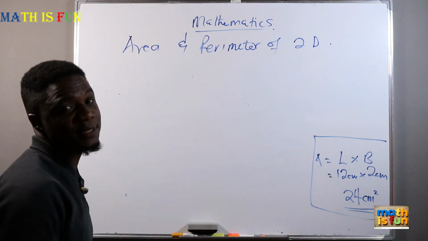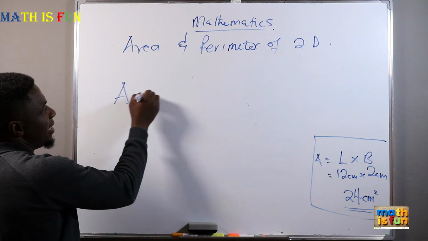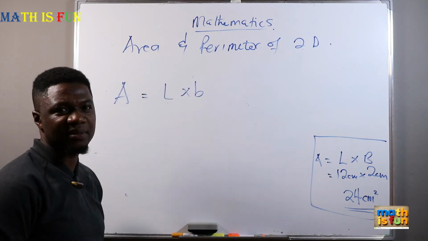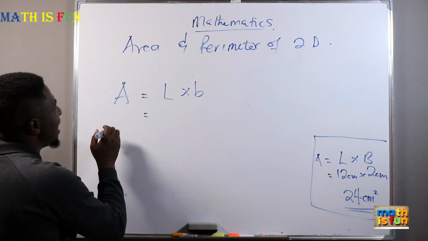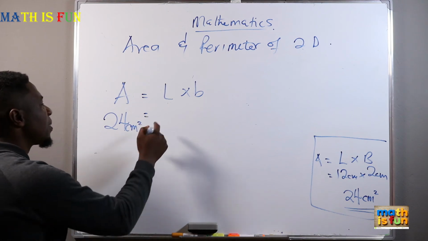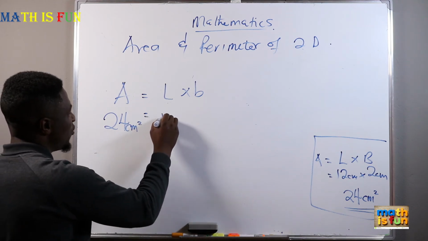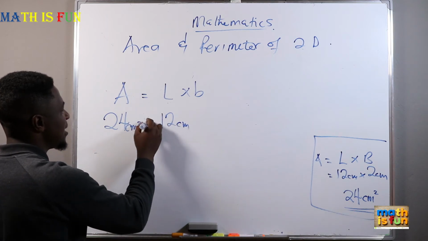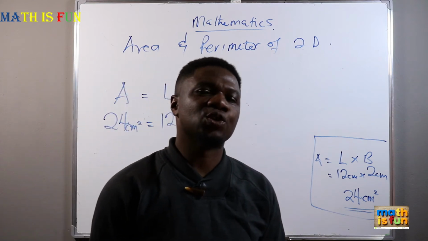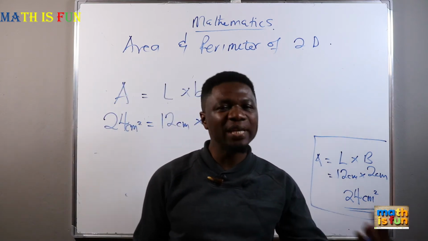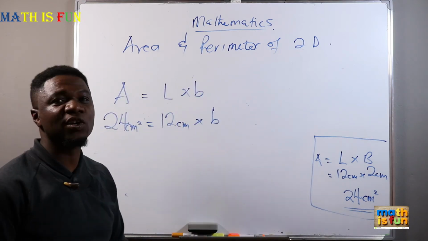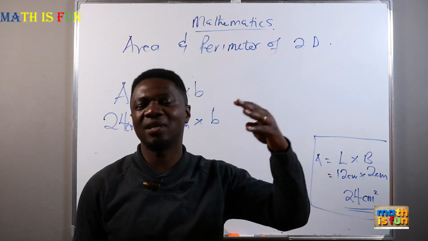Okay, so in this particular question, if I'm putting my formula, area of a rectangle is equal to length times breadth. I've quoted it right. Then the area is given as 24 centimeter squared. Good. The length is given as 12 centimeters. This is an equal sign, okay? But the breadth was not given. Okay, so here we use our knowledge in equations, and not only equations alone, but we will also use our knowledge in cube roots and other things.